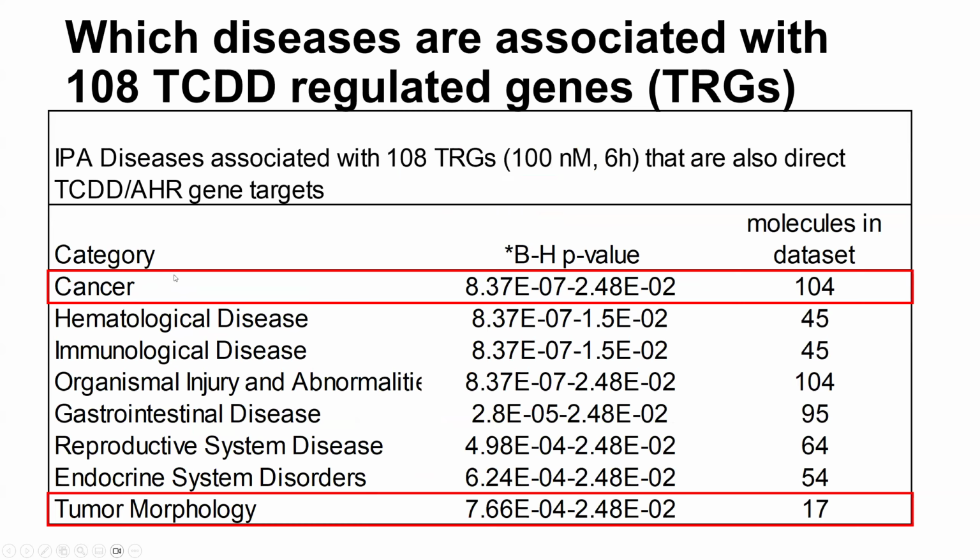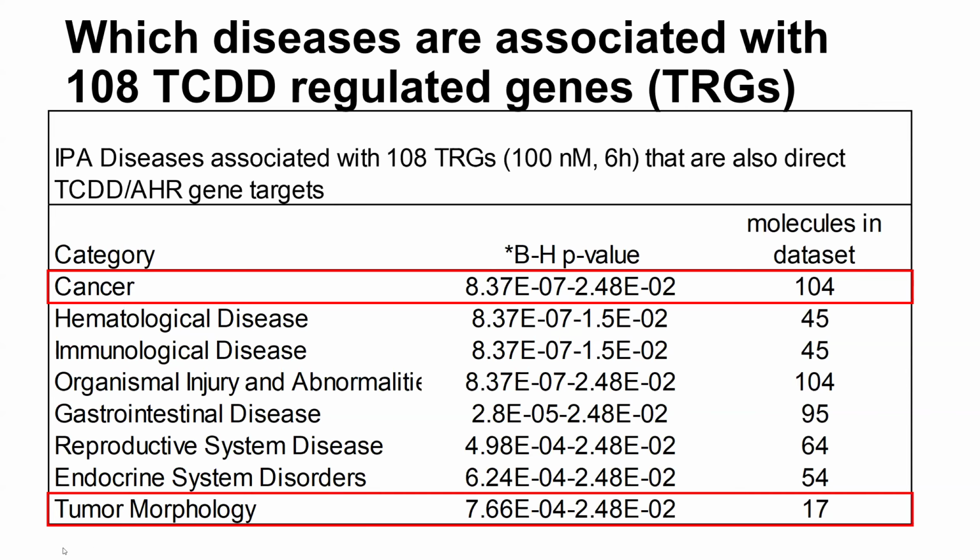So 104 of the 108 genes were associated with cancer, and that's not too surprising because cancer is a big disease that has lots of genes and lots of papers that have linked genes to the cancer process. This is all based on curated data, pulling from publications and those kinds of things.